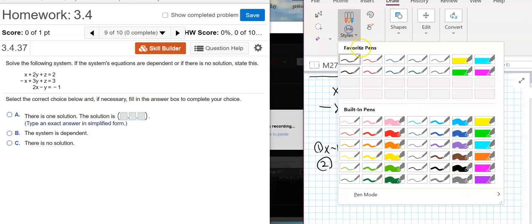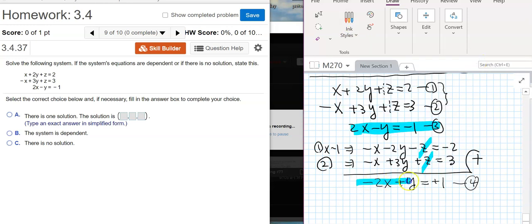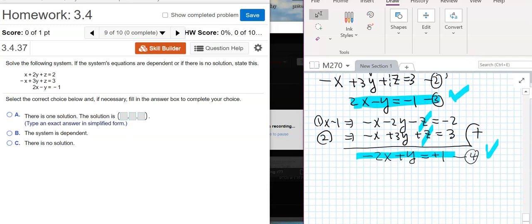So now I'm going to work with these two equations, this guy and this guy. If I write underneath number 3, what do I get? 2x minus y equal negative 1. If I add these two equations, everything gets canceled, isn't it?